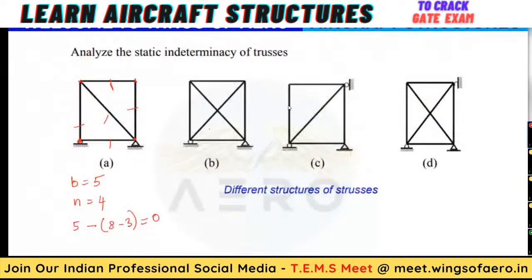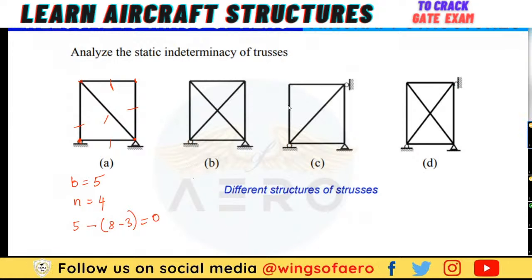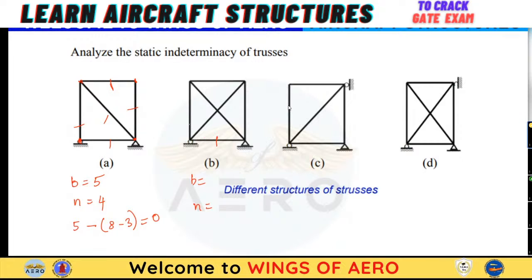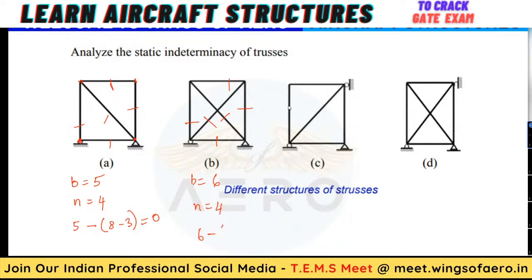Next one. What is m? What is n? 6 bars and 4 joints. Now 6 minus (8 minus 3).